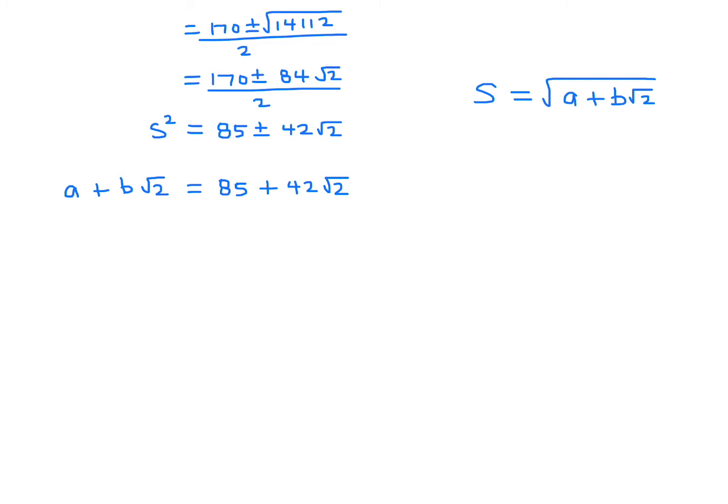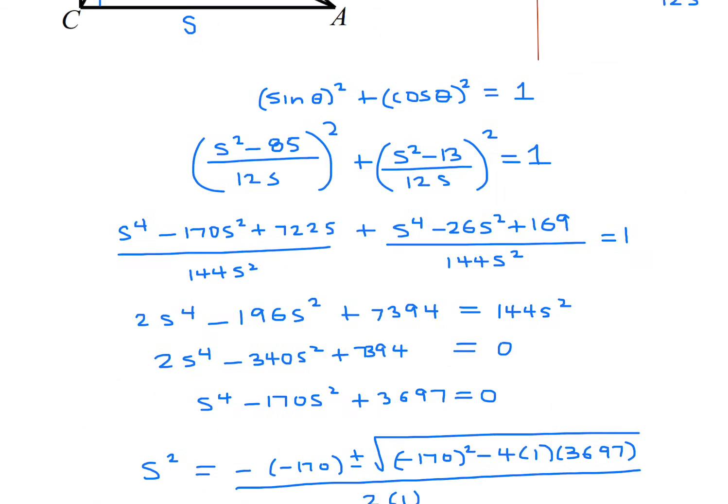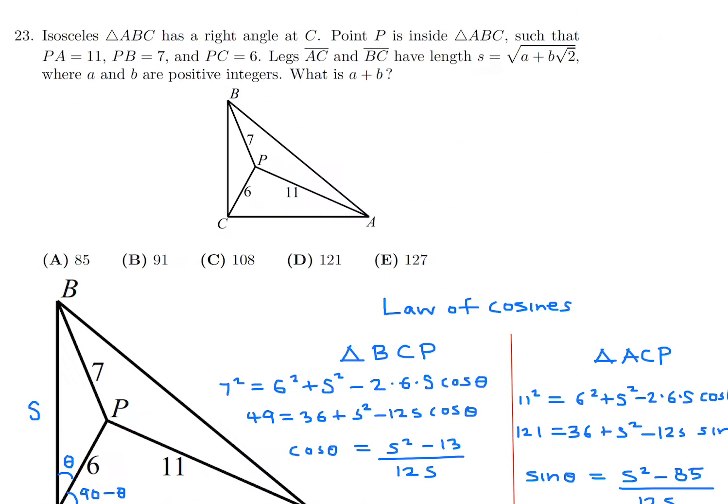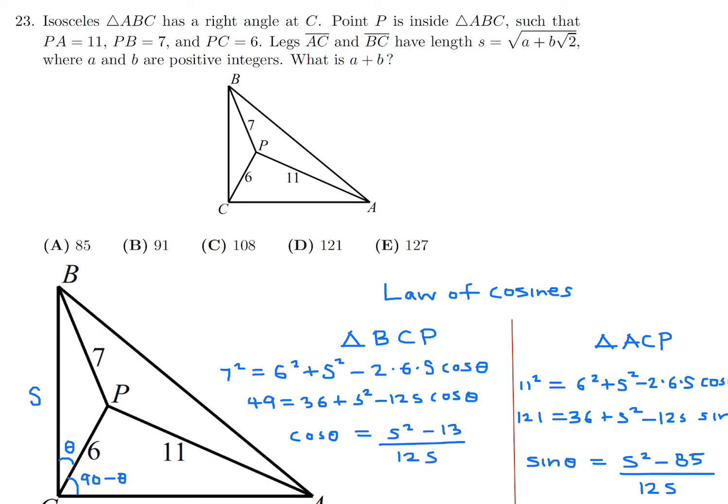And matching coefficients, that means that a is 85 and b is 42. So they want you to find a plus b, and that is of course 85 plus 42, which is equal to 127. So the answer to number 23 is E.